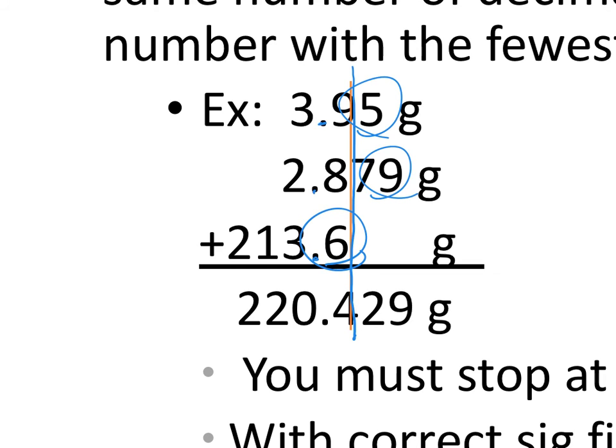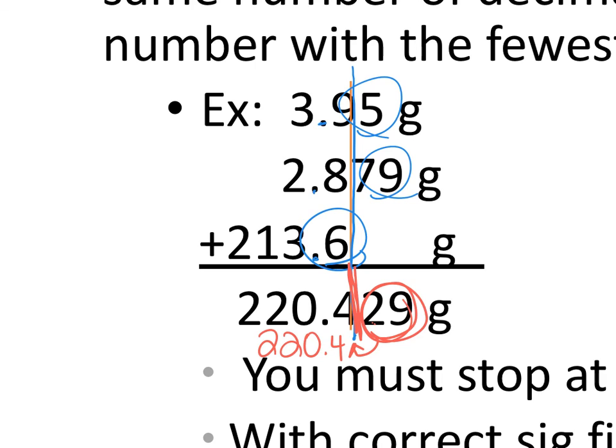So I'm going to look all the way at the decimals, past the decimals, at my tenths, hundredths, thousandths, and go to the lowest degree of certainty. Once I add these up, I'm still going to do the exact same addition, but do you see how I have that line cutting this off? I know my answer is 220.4, but I still have to look just behind it and ask, would the next digit round up the 4?